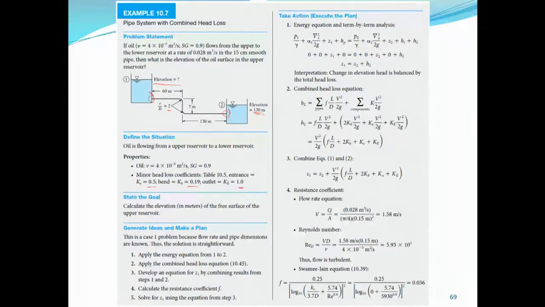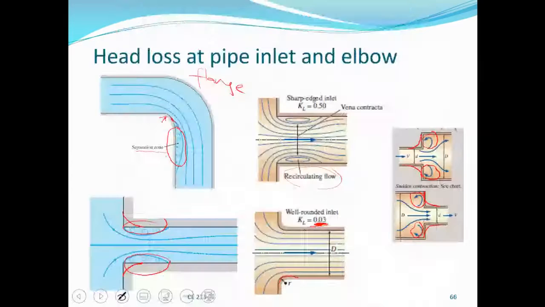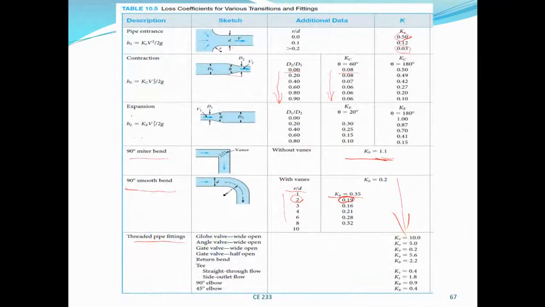We used KE equals 1 for the expansion, you can see KE, the exit, equals 1 for 180 degrees, meaning straight.